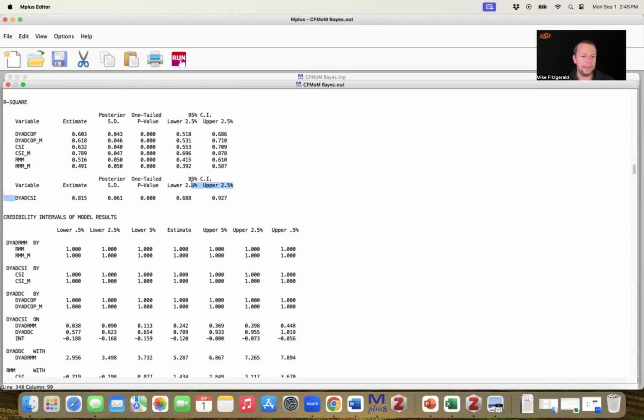And then we also have our explained variance. All right, so our explained variance in this model is 0.815 or 0.82. So again, the interaction term explains a substantial amount of variance in our dependent variable, and overall a model with three predictors is explaining nearly 82% of the variance in relationship quality, dyad level CSI.